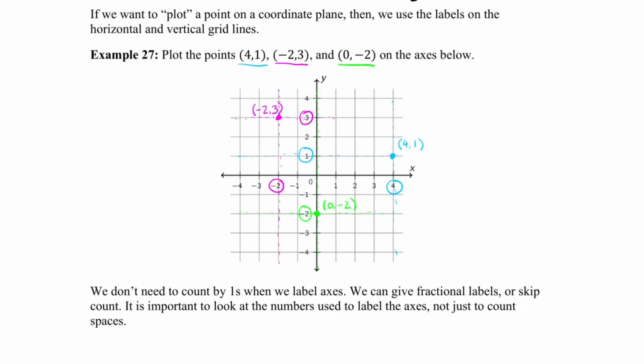And notice that in drawing this graph, we were looking at the labels on the axes. We were reading the labels rather than counting out spaces. And the reason for that is we don't necessarily have to count by ones when we label our axes.